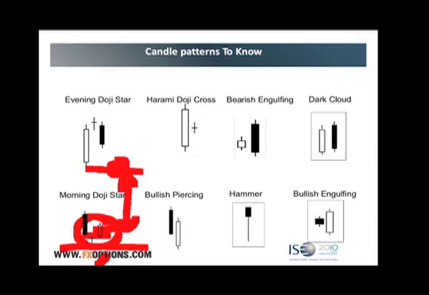Now you can understand where using pivots with candles can help you, A, enter the trade at the right time. And that timing, folks, if you're an options trader, you know as well as I do, timing is everything. Time is money.